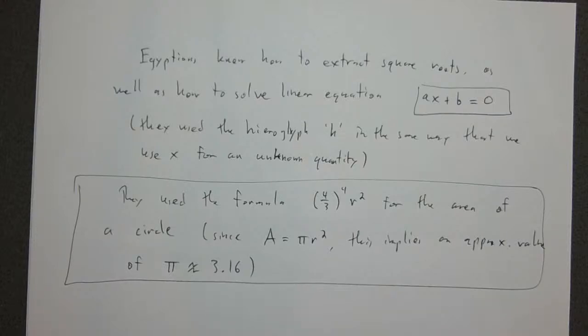So, for instance, when we get to the Greeks, we will see that they were very, very bothered about doing algebra with quantities that weren't rational. So rational means that they can be written as a ratio of two integers.